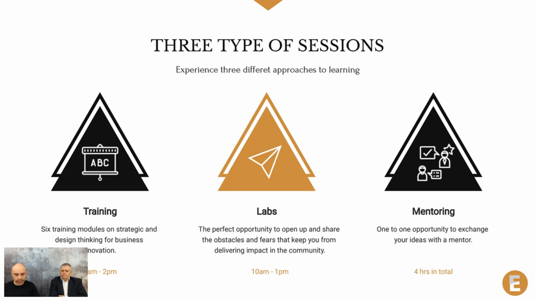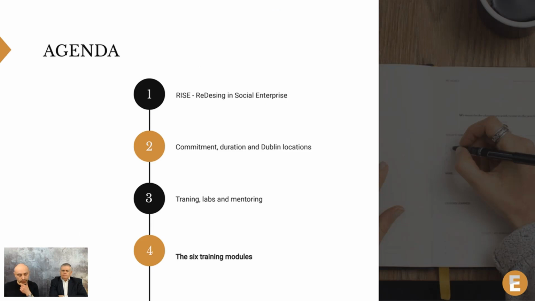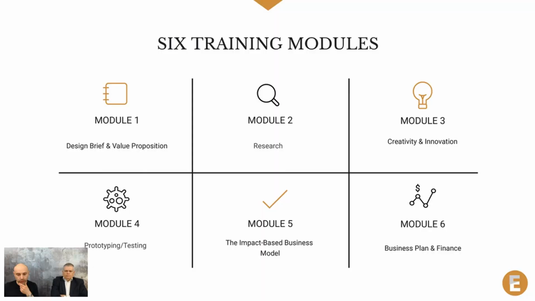Okay, so let's go. And I think we are pretty much done in terms of the content. And later on, we start to answer the questions that we have got. Now, so what are the 6 training modules? Because obviously, like John was saying, the training is really the central part of the course.